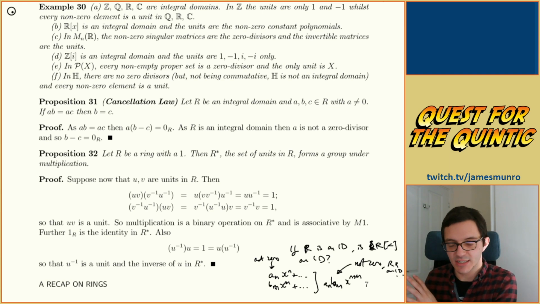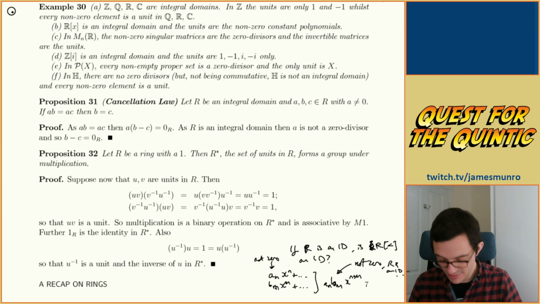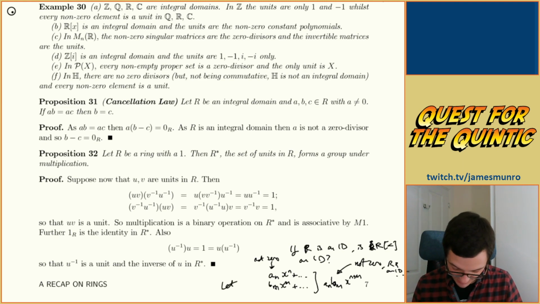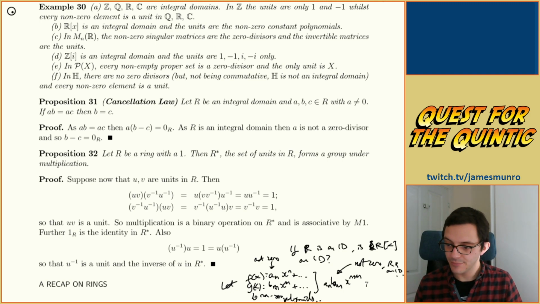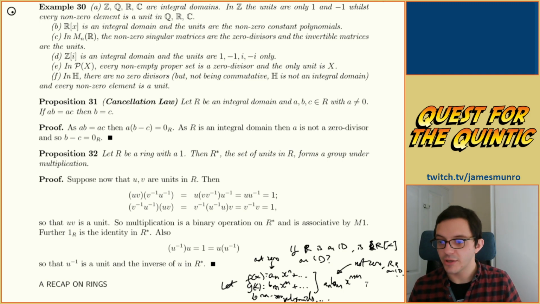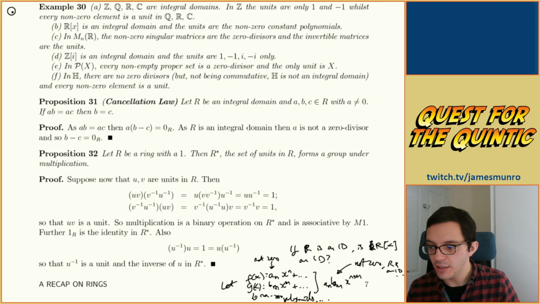If I was writing that up as a proof, I would put in a lot more words, right? So it'd be something like, let f of x and g of x be non-zero polynomials, dot dot dot. Right, good, okay. Vaguely powerful, right? If R is an integral domain, then so is R of x.